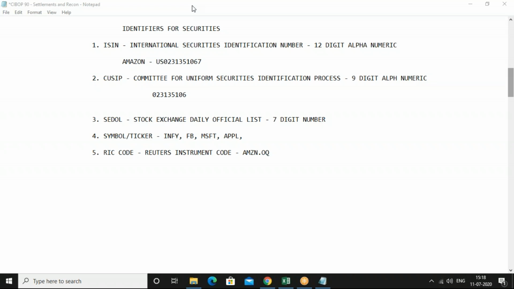Then you have a few digits which are the state or even the city that it's situated in, and then the specific security. By the way, please don't sit and memorize how many ISINs there are. It's not possible. Rather, understand the different ways to identify a security: ISIN, CUSIP, SEDOL, symbol, ticker, and RIC.